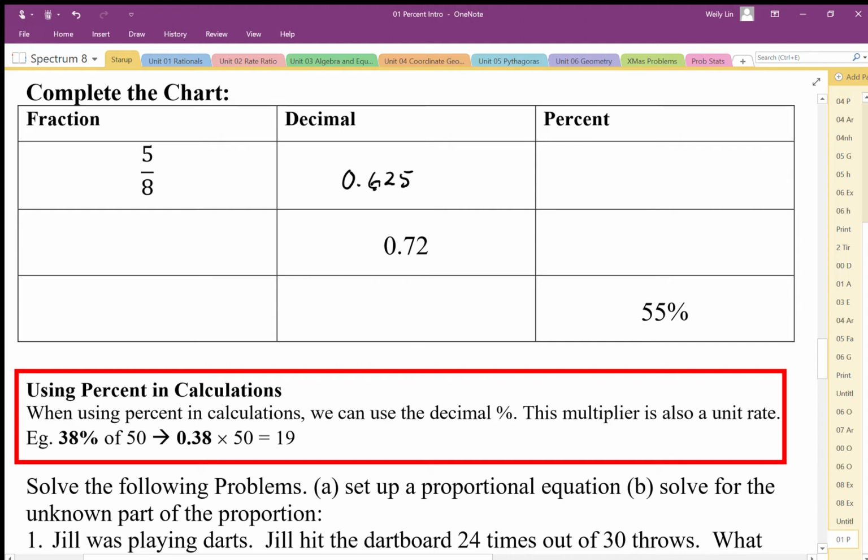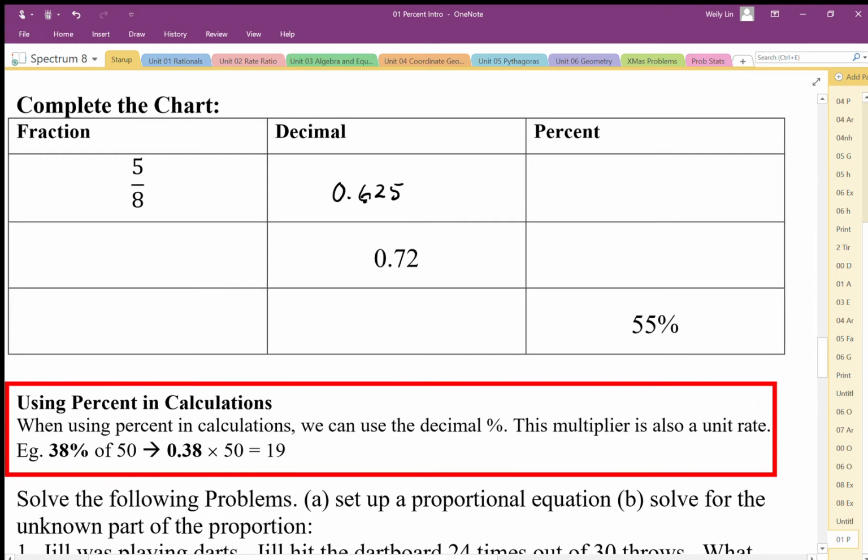That 0.625 is a decimal value of that fraction. It also represents our unit rate and our unit percentage, or decimal percentage. But we can convert this into an actual percentage by moving that decimal place over 2 places, so we get 62.5%.